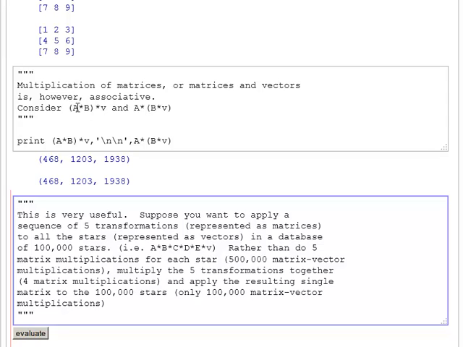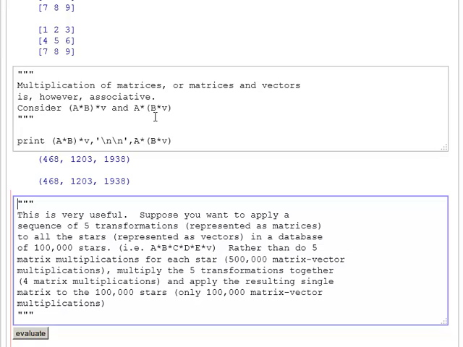If I take A star B and do that first, it takes these 2 matrices and makes a single matrix out of it. Then it takes that matrix and operates on the vector V. Over here, what I've done is I've taken my vector V and I'm taking B star V. So I'm doing a transformation of V, which will produce another vector. Then I take A star that vector, and that's going to give the resulting vector.